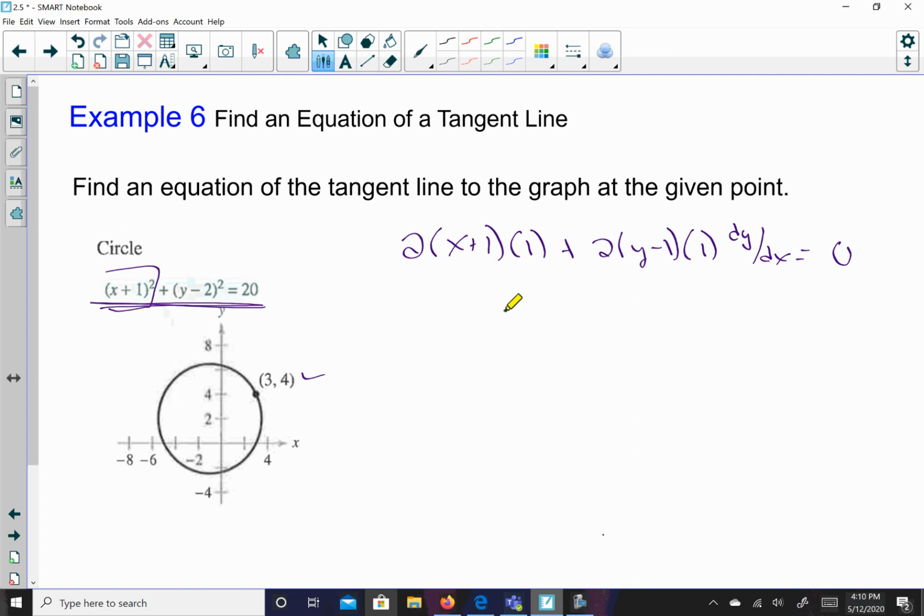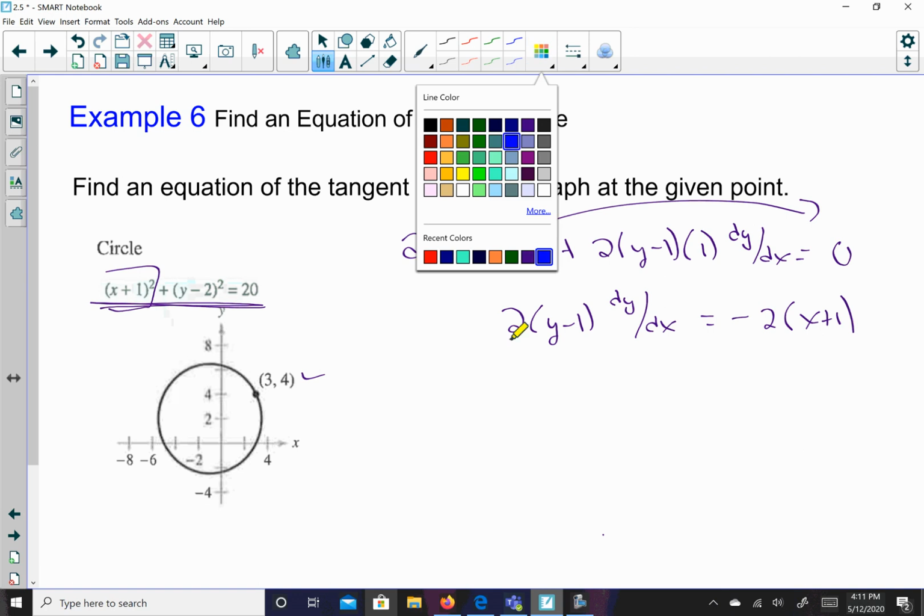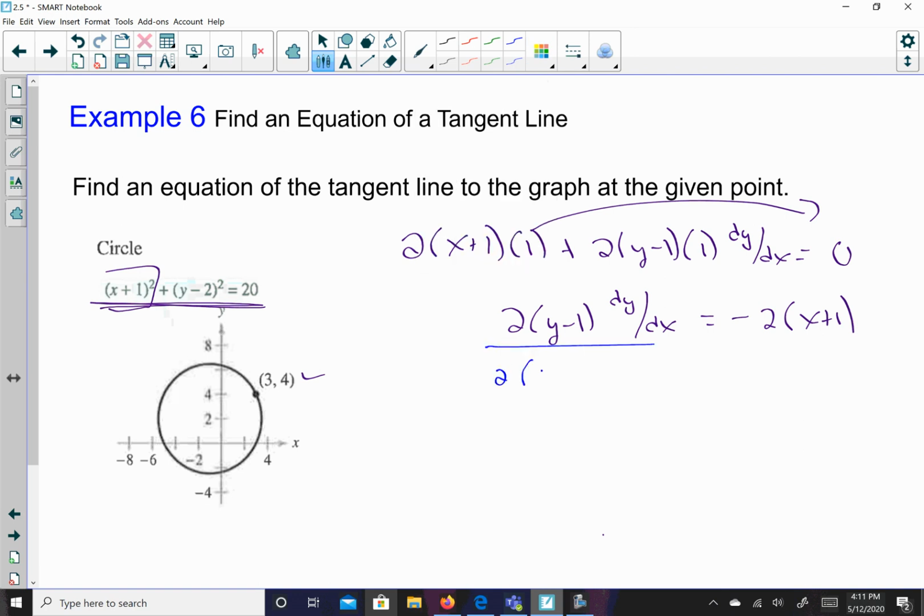So I'm going to have 2 times the quantity y minus 1 dy/dx is equal to, and then this is going to go over to the other side, so this will be negative 2 times the quantity x plus 1. To find the derivative, I'm going to solve for dy/dx. So I'm going to divide both sides by 2 times the quantity y minus 1.